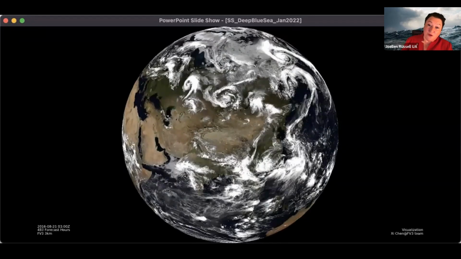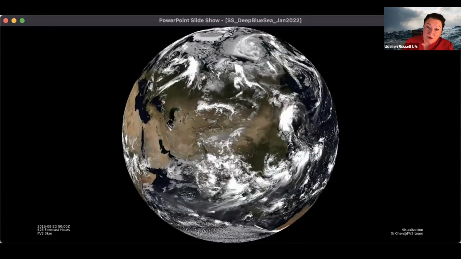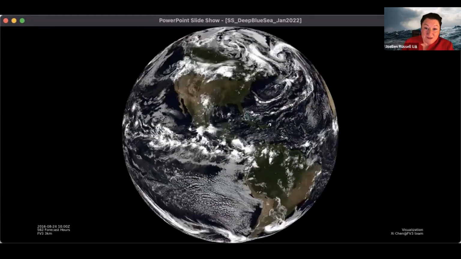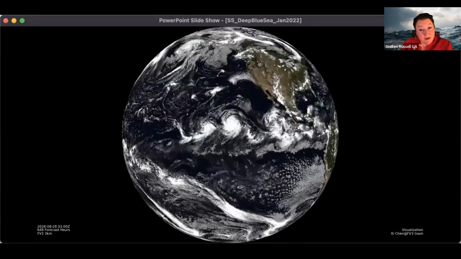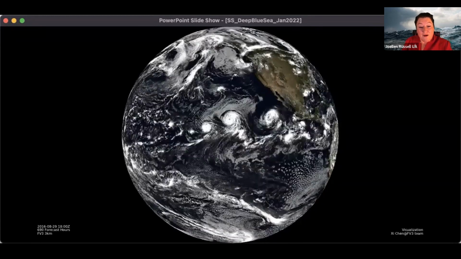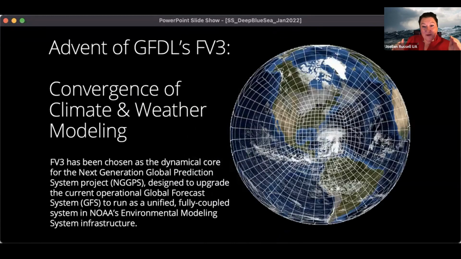So if you got your forecast from NOAA this morning for your storms, your snowfall, you got a forecast from a climate model, not from a weather model at all. And so we've converged our climate and weather models. And actually, we've replaced the weather model with a climate model, because a climate model doesn't just do the atmosphere, it does the ocean too. And that ocean component is the fun part.